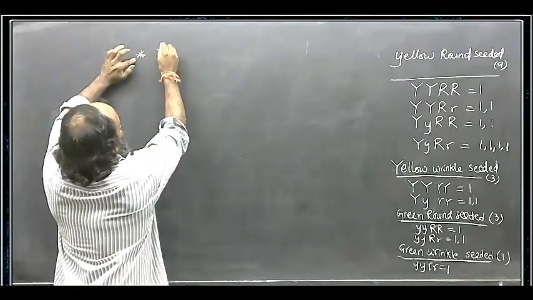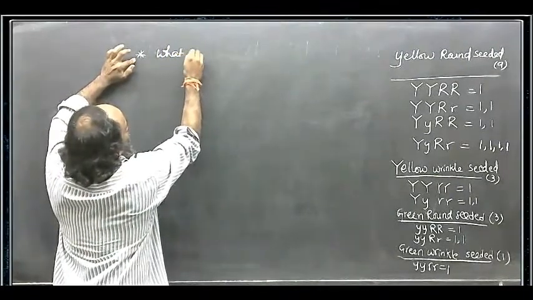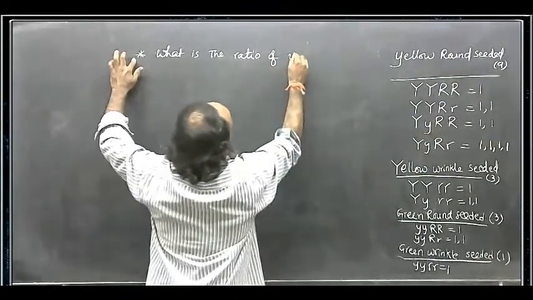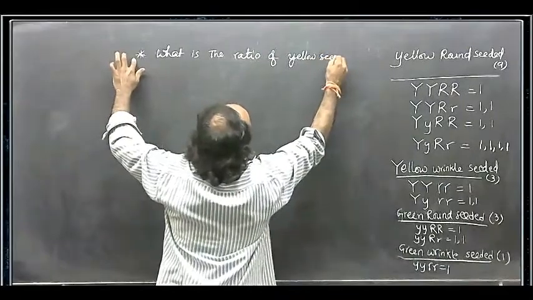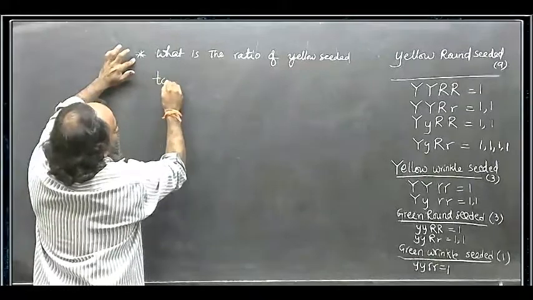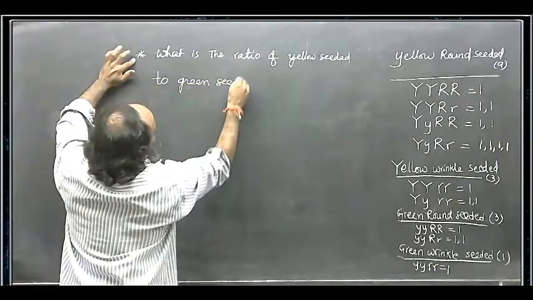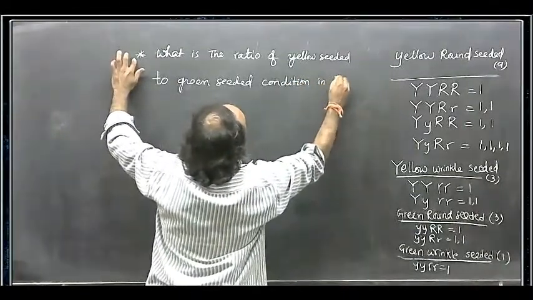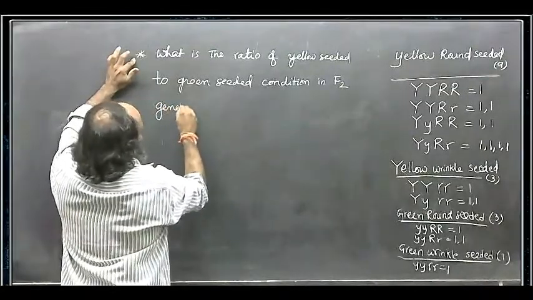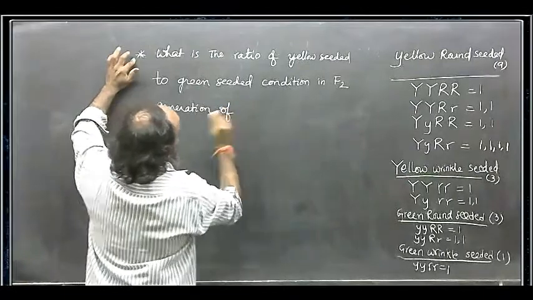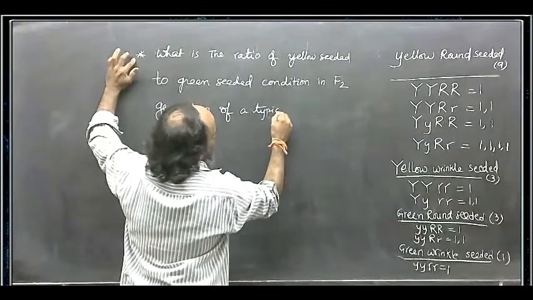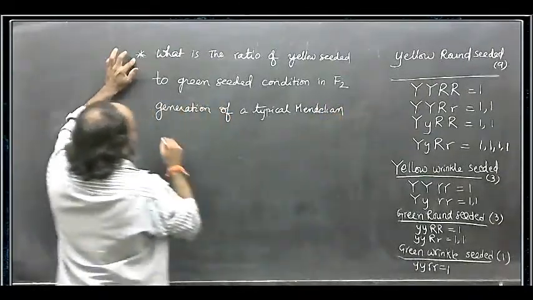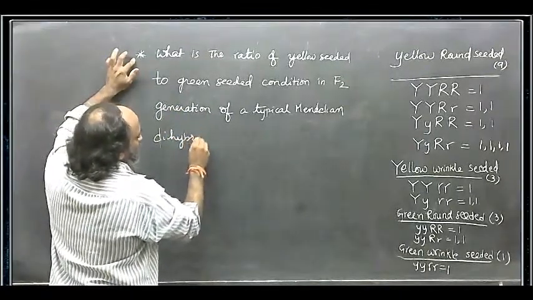What is the ratio of yellow seeded to green seeded condition in F2 generation of a typical Mendelian dihybrid cross?